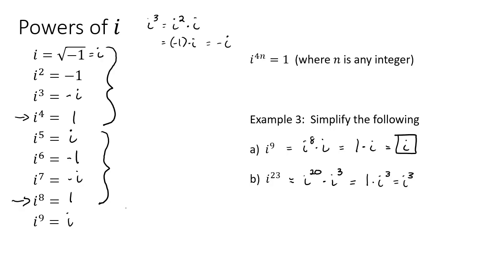But that we can simplify even further because i cubed is negative i squared times i, or negative 1 times i. And so no matter what power of i you're dealing with, you can always break it down into either plus or minus i to the first power or plus or minus 1.